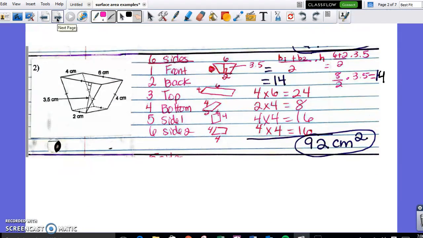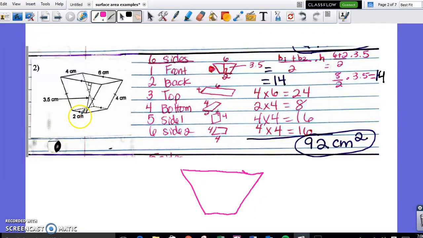Okay, so this is the trapezoidal prism. Obviously, again, I went through the same process. I have 6 sides. I kind of put them down. Again, it helps me to draw them, but it's whatever works for you. Okay, so let's look at the trapezoid.